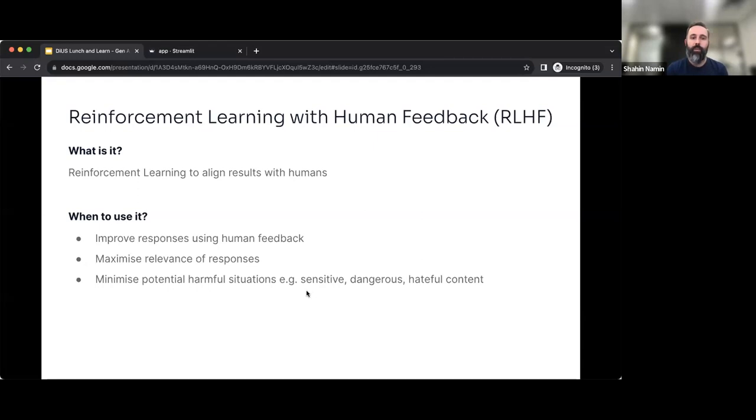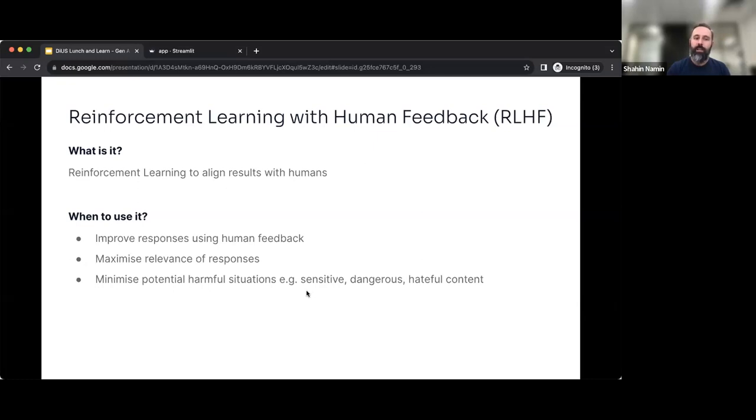So when would you use that? You want to improve the responses with human feedback. So you want to make sure that what the model will give you later is aligned with what a person would give as the answer. And also you want to maximize the relevance of responses. So you want to make sure your model doesn't give something out of the blue or doesn't hallucinate for your specific question, as an example. So this is a good reason that you want to do RLHF.